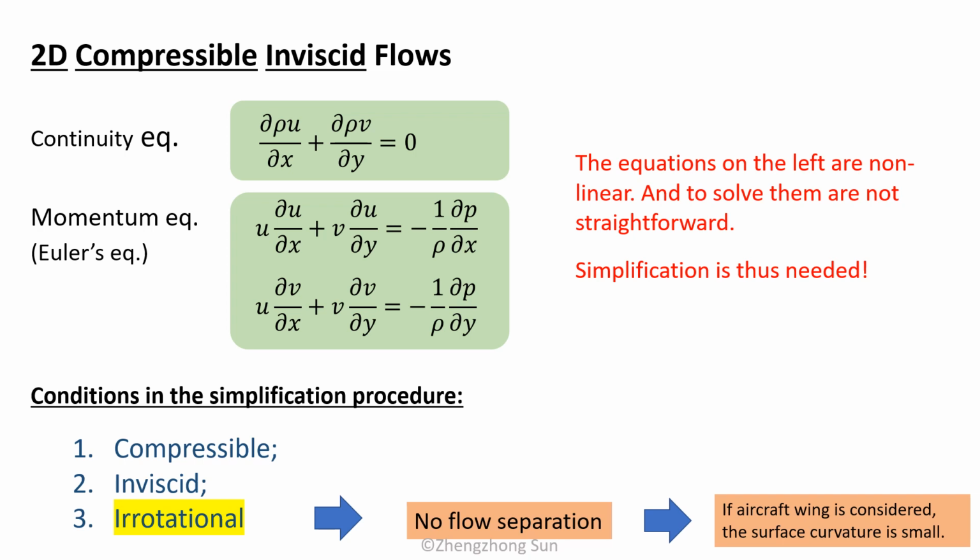That is what irrotational flow suggests. And you may wonder, if the curvature is large, what will happen? If the curvature is very large, the flow might not be able to follow the surface curvature, and flow separation would take place. This is the physical meaning of the irrotational condition.